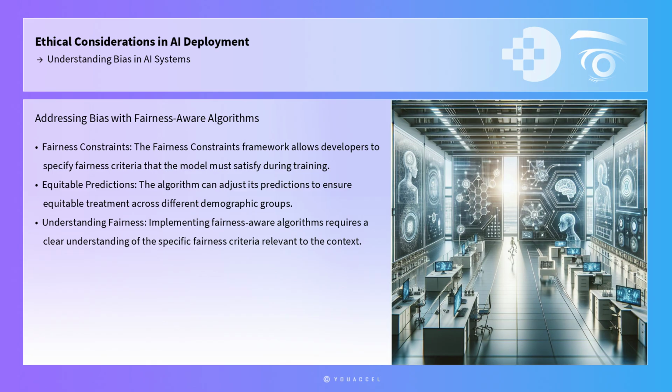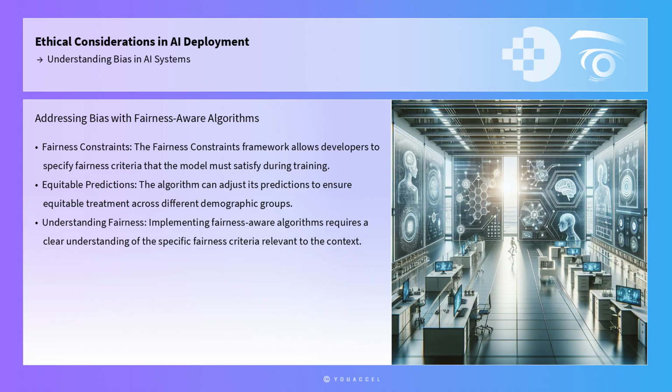To address bias effectively, one practical tool is the use of fairness-aware algorithms. These algorithms are designed to minimize or eliminate bias in AI systems by incorporating fairness constraints directly into the model training process. For example, the Fairness Constraints Framework allows developers to specify fairness criteria that the model must satisfy during training.